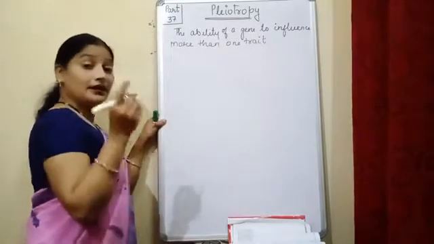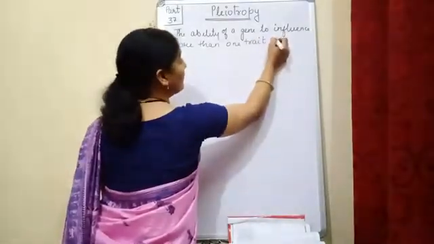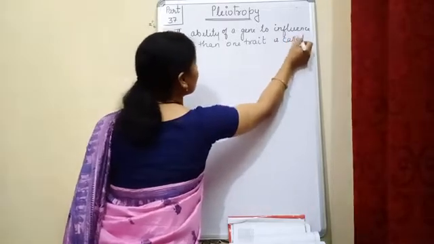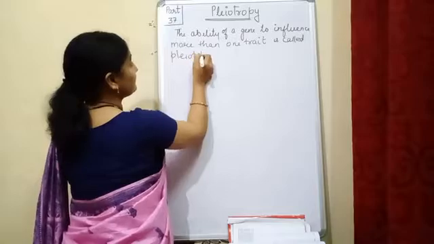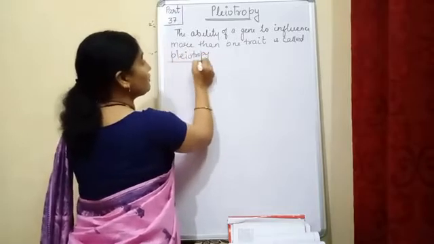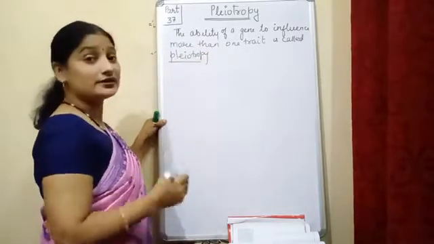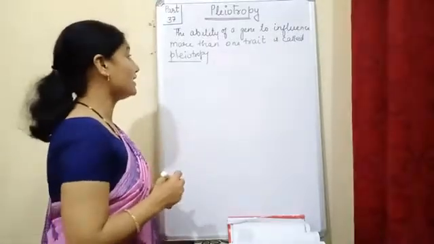Clear? Then it is called pleiotropy. Ability of a gene to influence more than one trait.